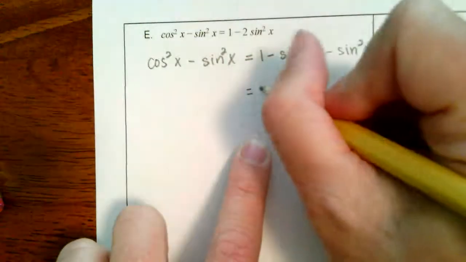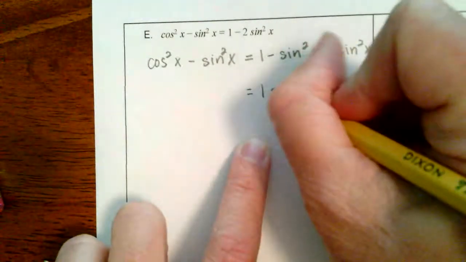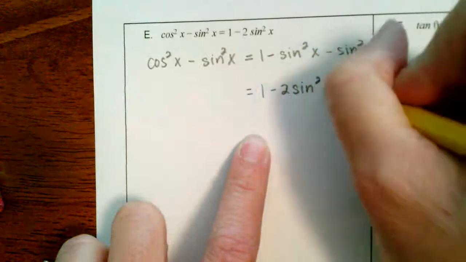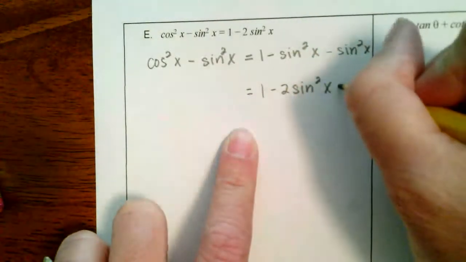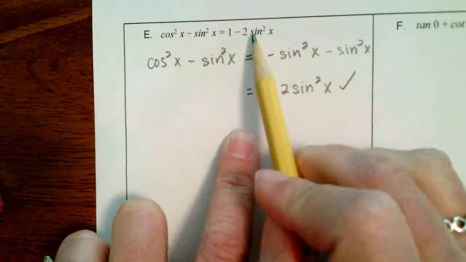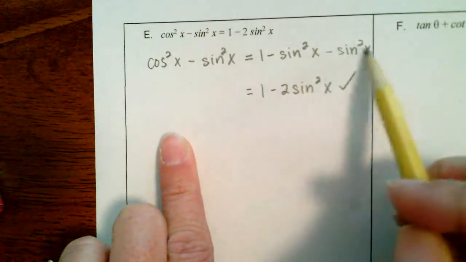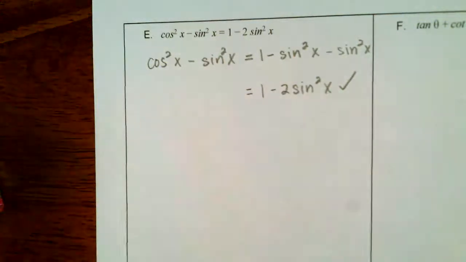So I still have my 1, and then minus 1 and minus 1 makes minus 2. These are like terms, sine squared of x. Okay, so 1 minus 2 sine squared of x. We verified because we have our starting point, we used equivalent algebraic expressions, and we have our finishing point.